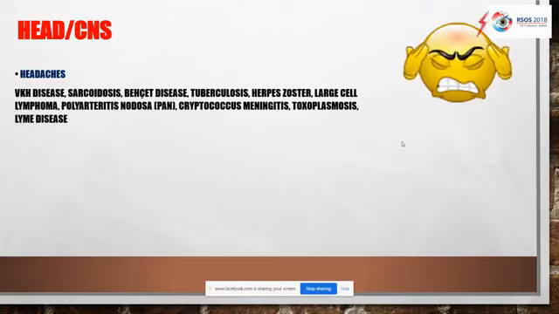In tuberculosis, chest symptoms; in herpes zoster, the characteristic inflammation of shingles; in large cell lymphoma, patients of old age and masquerade syndromes, if you are unable to define a specific etiology; in polyarteritis nodosa, a history of vascular lesions and vascular symptoms; and in cryptococcus meningitis, toxoplasmosis, and Lyme disease, a history of correlated symptoms as well.